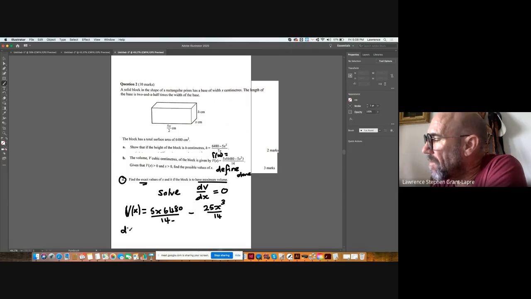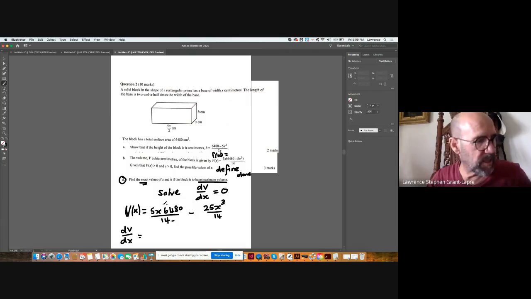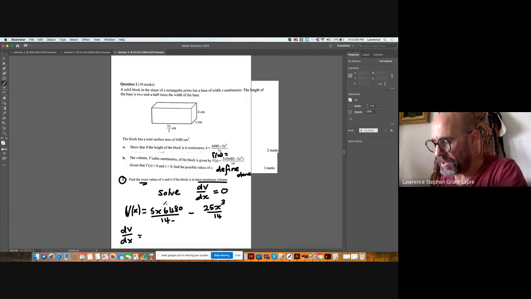Now get the derivative, and you would get 5 times 6. Let's just put this on the calculator because we do have a calculator. We can actually work this out. We go 5 times 6,480 divided by 14.